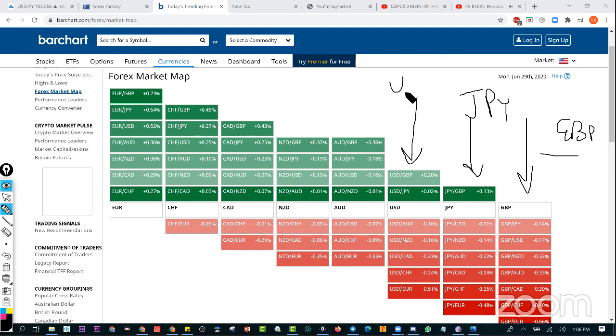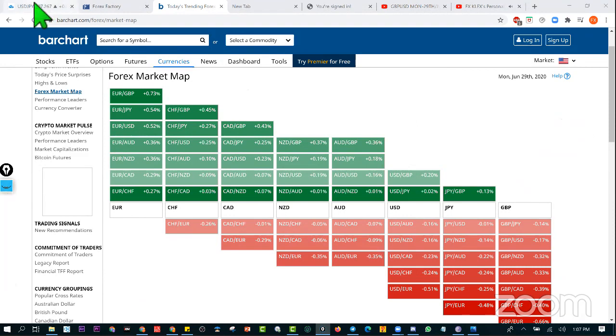And then we have the USD. The strongest currency now in the market is the euro. And then we have the Swiss franc as well, the second strongest currency. And then we have the Canadian dollar right there, the third strongest currency. So that is it. Let's check back on the chart.